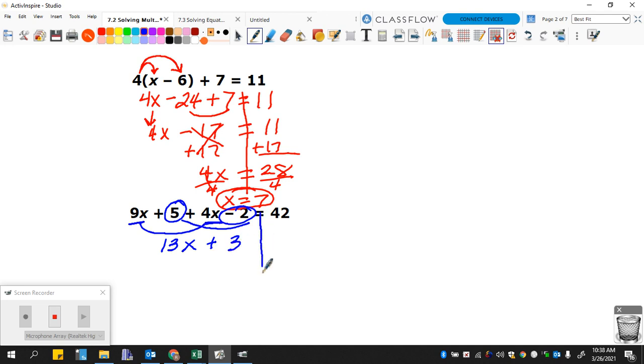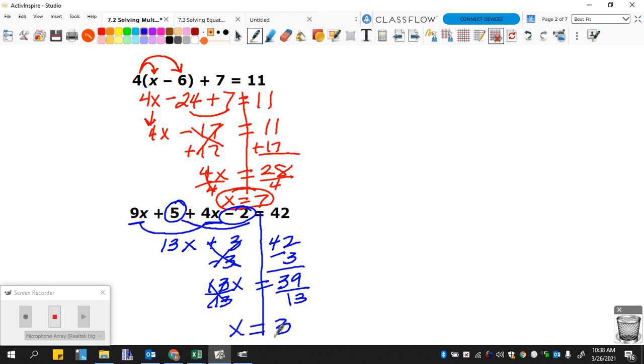Draw the line down through the equal sign, is 42. We subtract the 3. The 3's cancel out. 13x is equal to 39, divided by 13. And x is equal to 3.